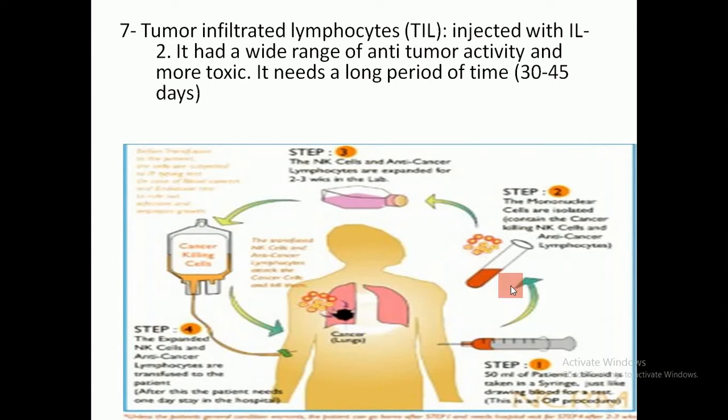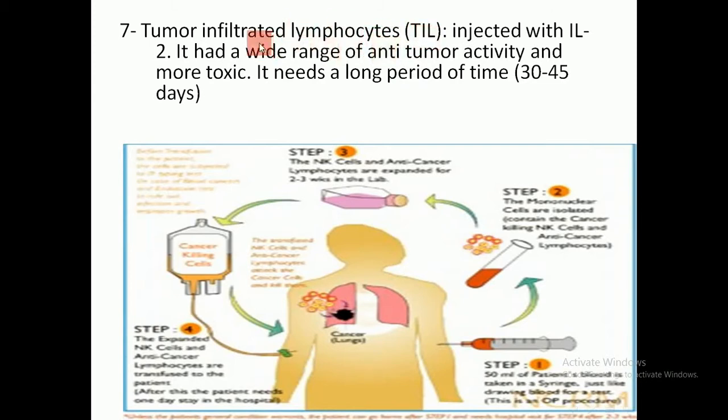We took from this tumor mass the lymphocytes that infiltrate the tumor tissue, and then culture them with interleukin 2, and then reinfuse them to the patients, which is more cytotoxic to tumor cells. And this is called TIL cell.